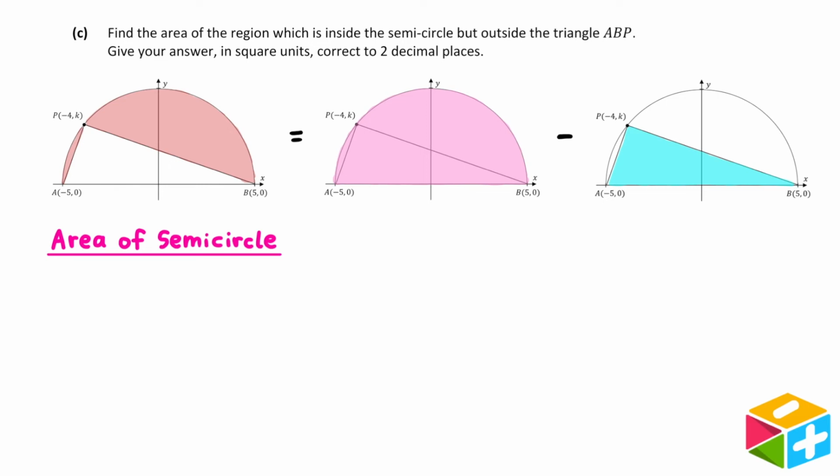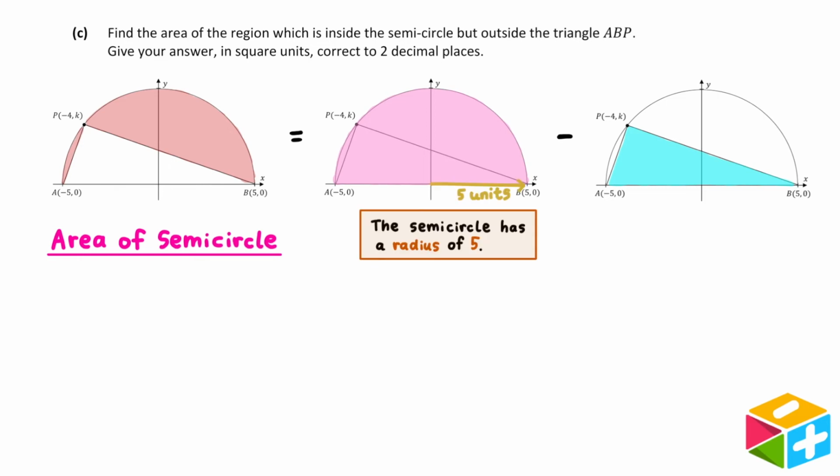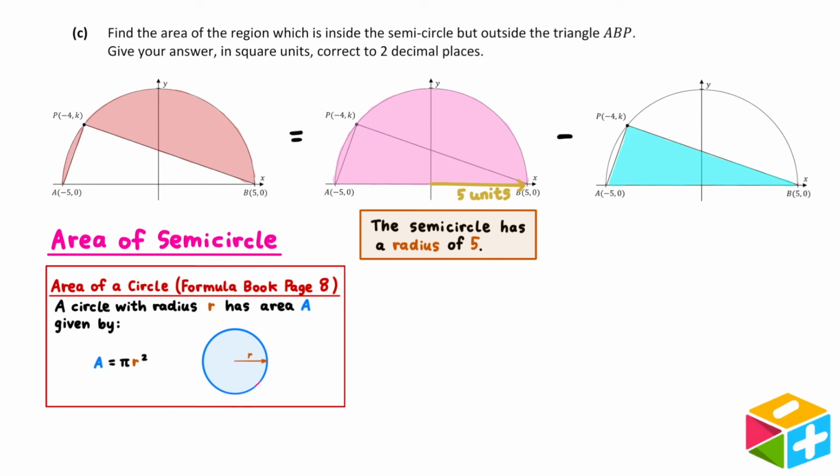Let's start with the area of the semicircle. We were told at the top of the question that our circle has a radius of 5. There's a result in the formula book on page 8 for the area of a circle.